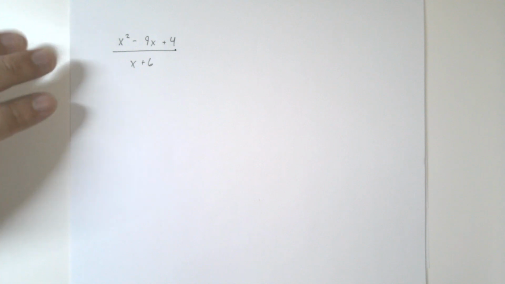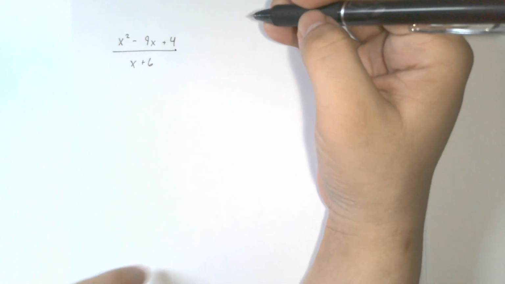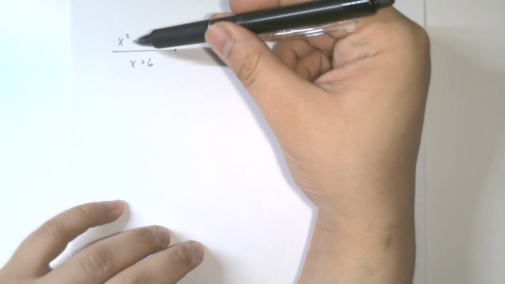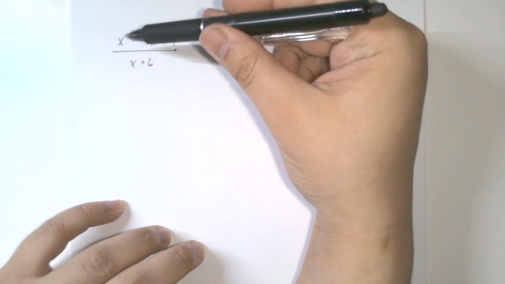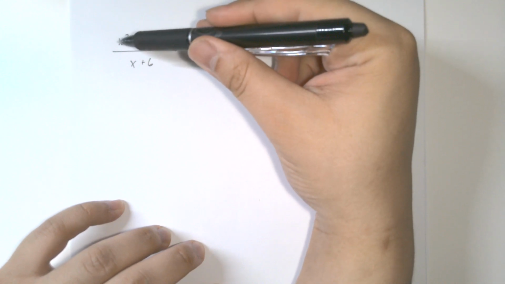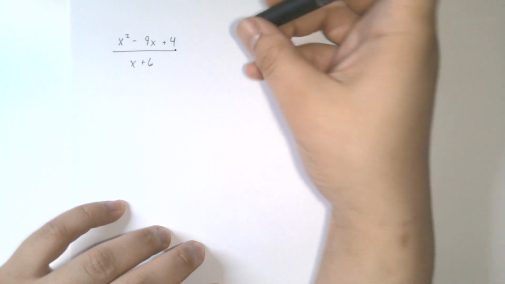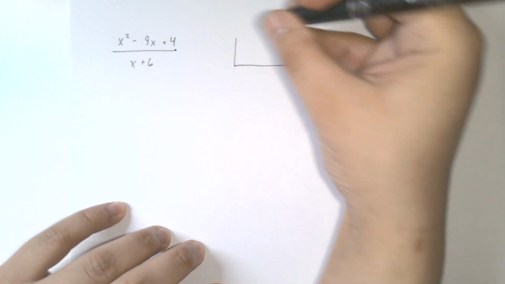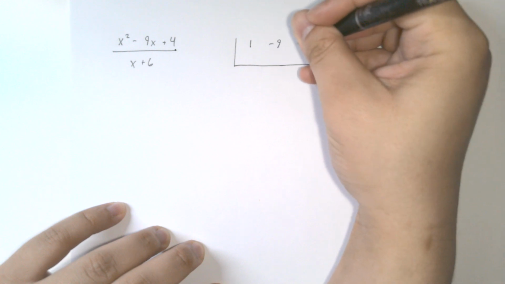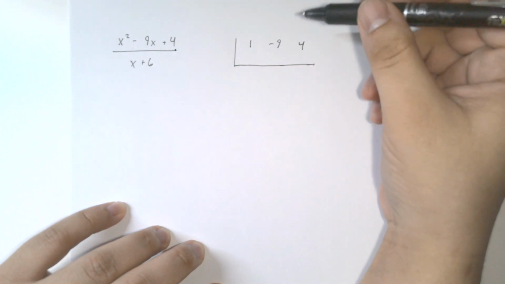Fortunately for this one, we can set up with synthetic division. So again, remember that's just reading off the coefficients that we have here. So we have a positive 1, a negative 9, and a plus 4. So we're going to set that up with a little box like this. We have a 1, minus 9, and a 4.